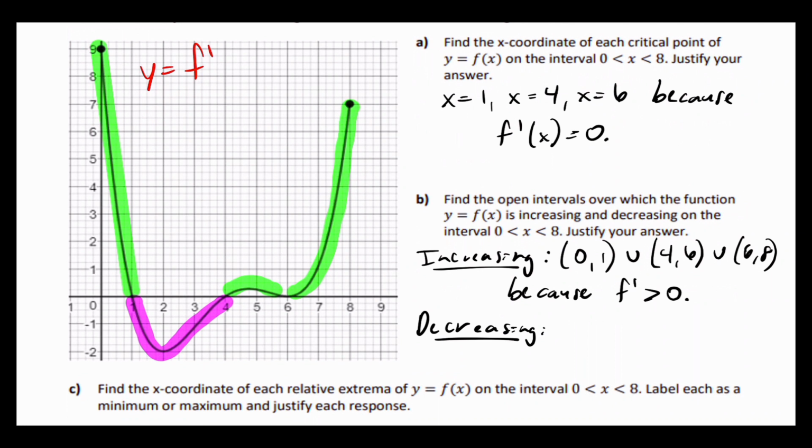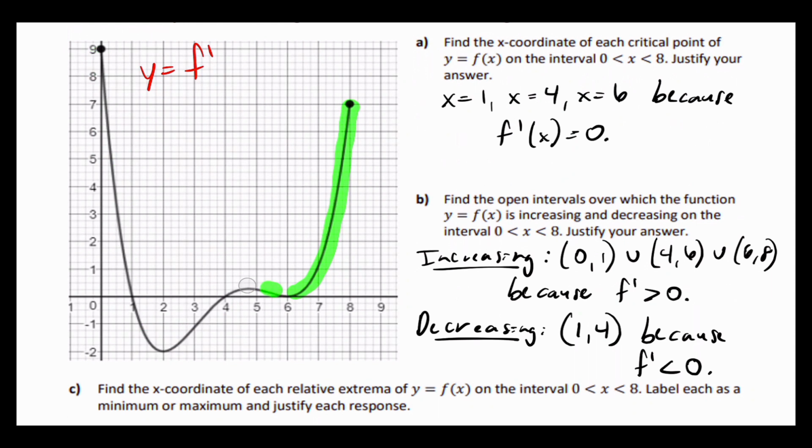Decreasing is from 1 to 4. That's the only spot it's decreasing, and that is because f prime is negative. Okay. All right, let me erase my marks now.